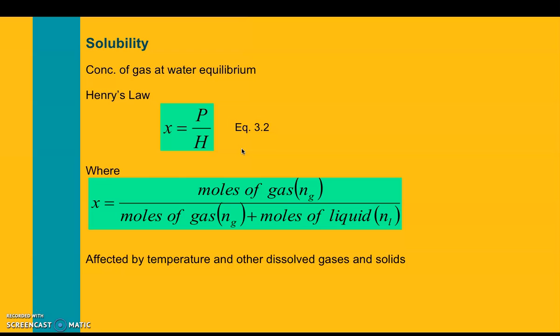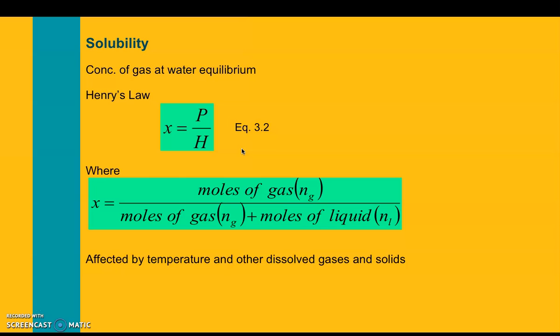The solubility of gas in water can be described by Henry's law, shown by equation 3.2 in your textbook, where H is the Henry coefficient, P is the pressure of the gas above the liquid, and X is the equilibrium mole fraction of the dissolved gas.